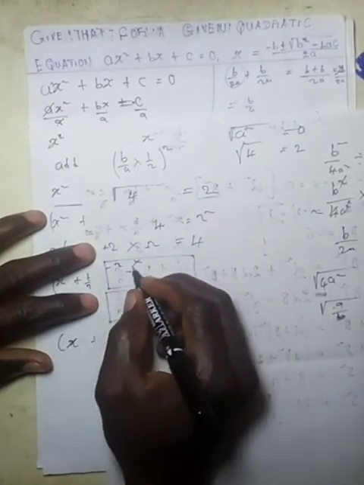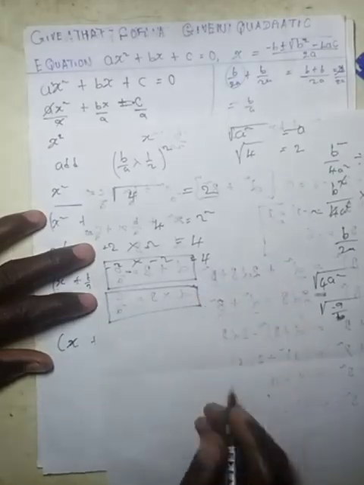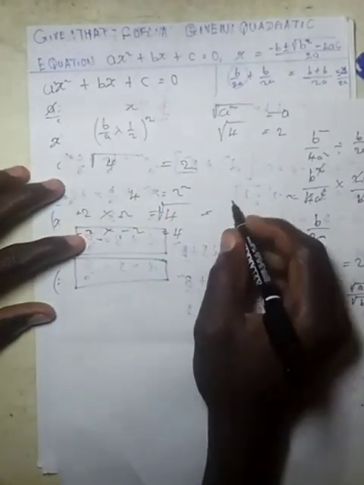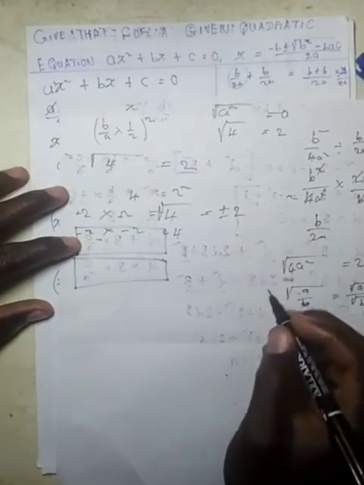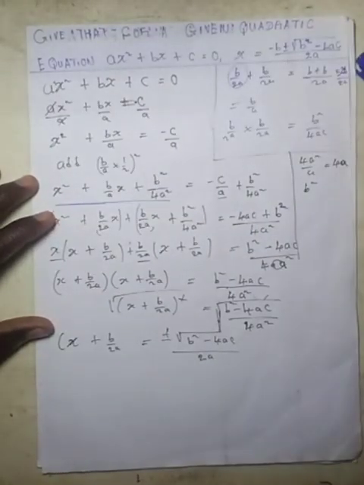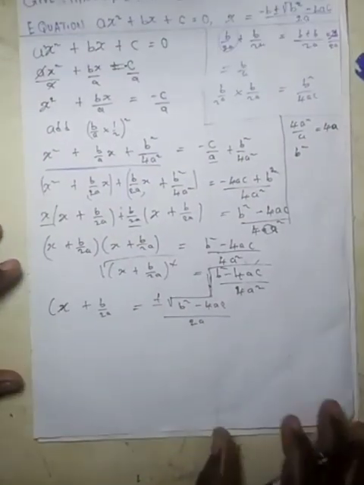Minus 2 and minus 2 will still give us what? 4. So when you take a square root of a particular number, it's going to give you the plus and the minus of the answer, because there are two sets of numbers that can give us that same answer. So that's the reason for this plus and minus.